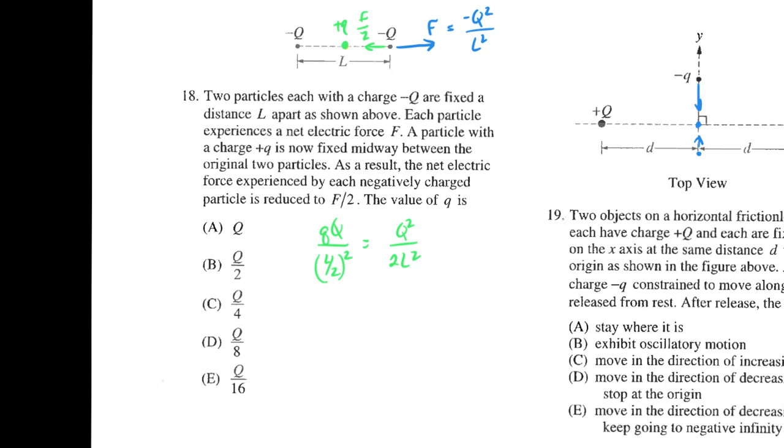So I think this ratio would be sufficient to give us a value for Q. This will be 4Q over L squared equals Q squared over 2L squared. So is that good enough? Okay. Any question about that? If there's a trick to make that faster, I don't know what it is, or I didn't think about it. I'm doing these on the fly just like you.